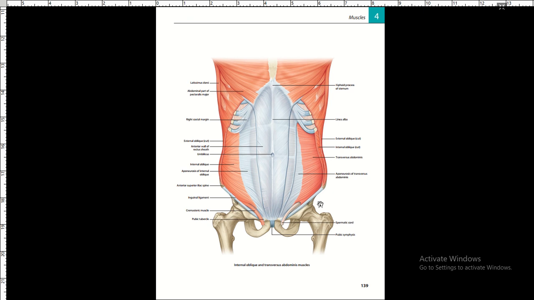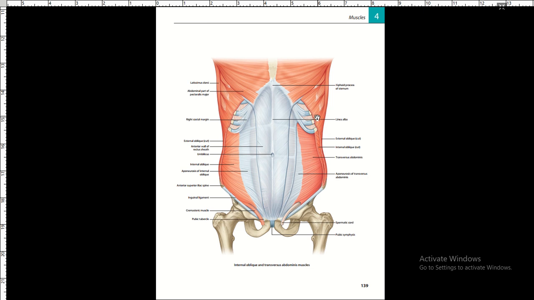The external oblique originates from the lower 8 ribs. It also originates from the anterior half of the iliac crest.